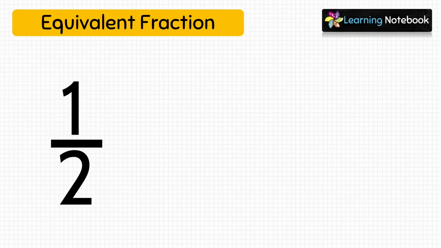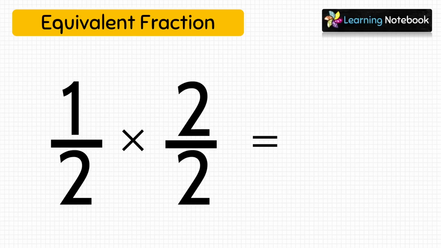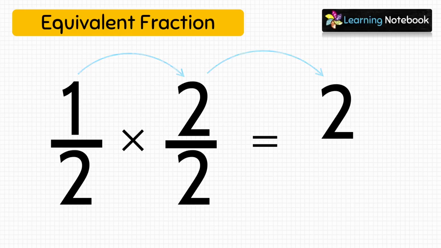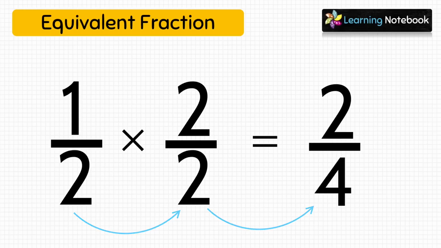So for this, we will multiply both numerator and denominator by the same number, let's say 2. So 1 into 2 equals 2 and 2 into 2 equals 4. So 2 by 4 is an equivalent fraction for 1 by 2.